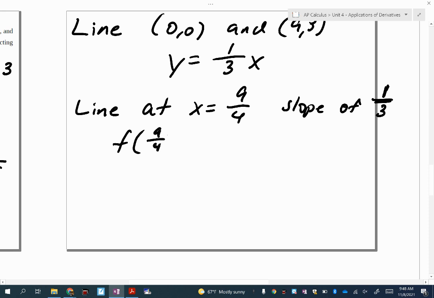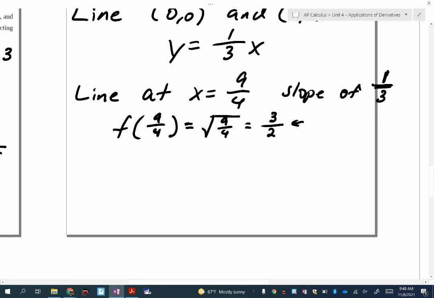I'm going to show you why I did it here in a second when I move to Desmos. So the square root of 9/4, the square root of 9 is 3, the square root of 4 is 2. So here's the y value. So my line is y minus 3/2 equals 1/3 times x minus my x value of 9/4.